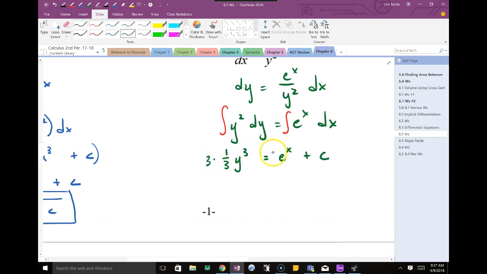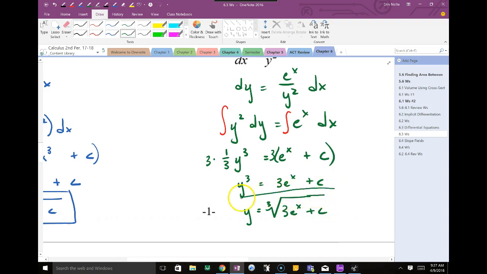Yeah, it's kind of weird that it landed that way. So we're going to have y cubed equals 3 e to the x plus c, and then your last step? Good. So that one wasn't too bad, although it looked way grosser.